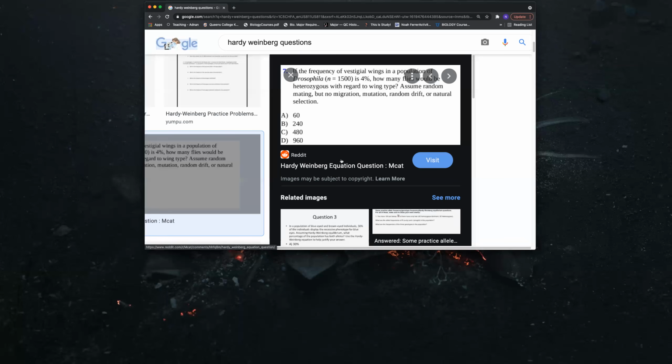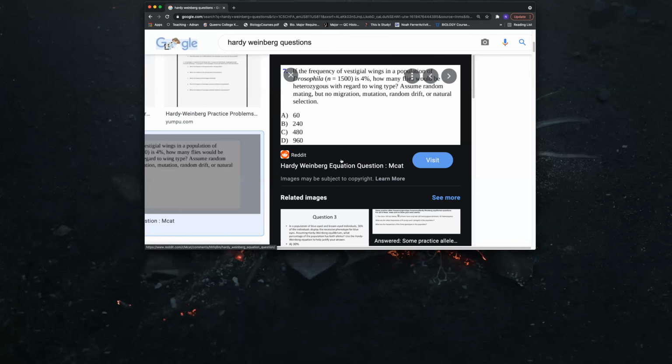Yeah, that's what I was thinking. So 4% would be what as a decimal? 0.04. Good. So let's say that's P. Then Q would have to be 96%, 0.96, right?